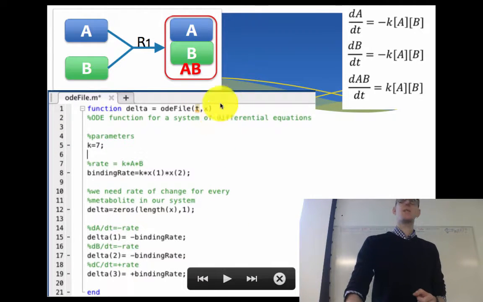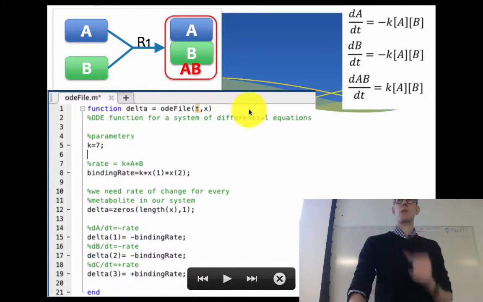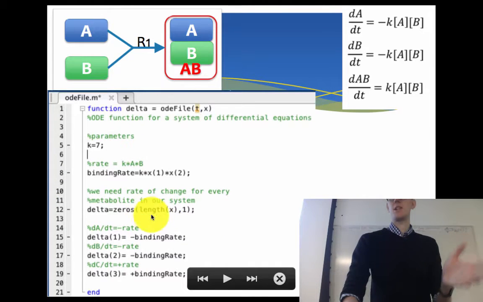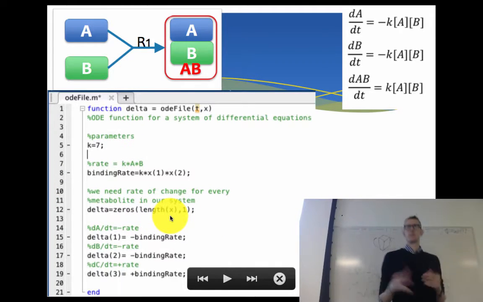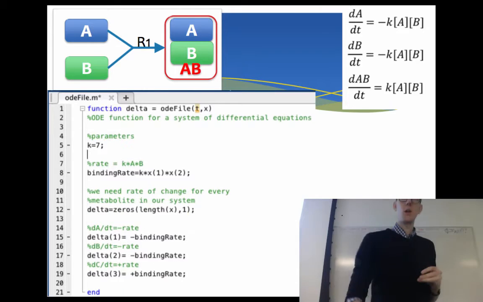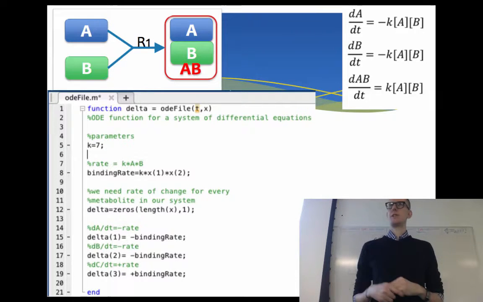We haven't given x a value here. It's going to be passed as an input when we call the function. So I'm telling you just to know that x1 is going to be the concentration of A and x2 is going to be the concentration of B. But right now, it doesn't have any values yet. It's going to get values when we call this function. So we're going to tell it the initial conditions of these metabolites.